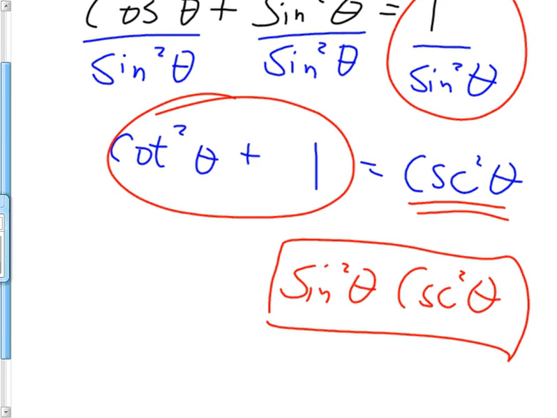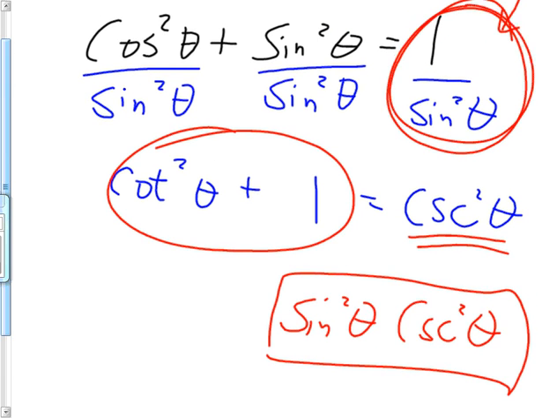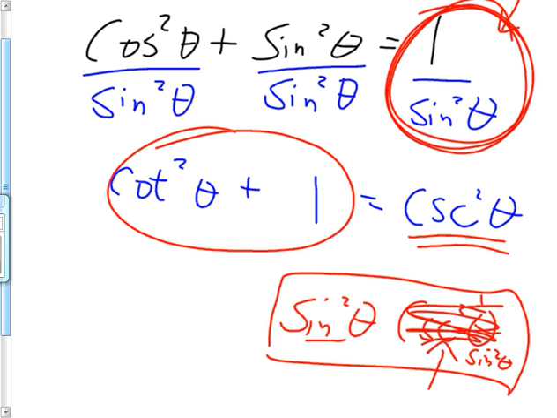Oh, I remember cosecant is this, so I can just put in 1 over sine squared theta right there, and then the sine squareds will cancel each other out. And what would you have? 1. Because the 1 on the top would cancel the 1 on the bottom, and the answer would be 1. All right, so that's a typical problem.